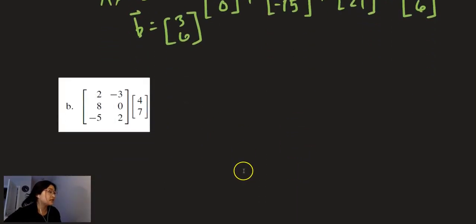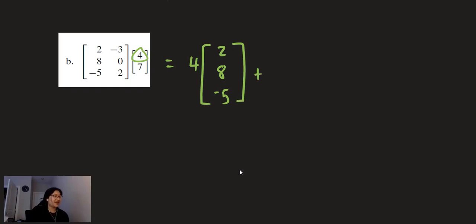Alrighty. Let's do another example. And remember, we need to take the weights. So 4 is going to be the weight on our first column, and 7 is going to be the weight on our second column. So we have (2, 8, -5) and (-3, 0, 2).